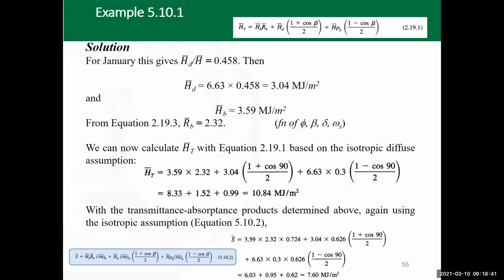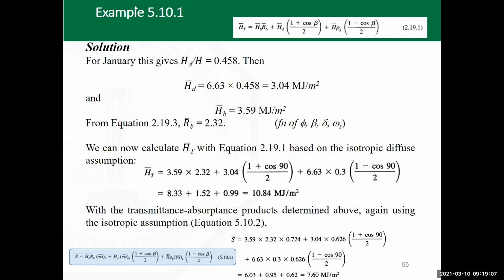Now the three components of S, the energy falling on or absorbed by the surface: 6.03 is the amount absorbed due to beam radiation, 0.95 by diffuse radiation, and 0.62 by the ground reflected radiation. So the total radiation average falling on or received by the surface in January is 7.6.